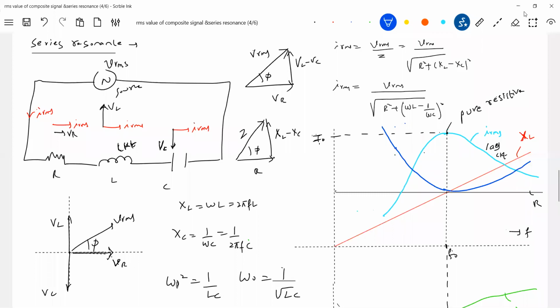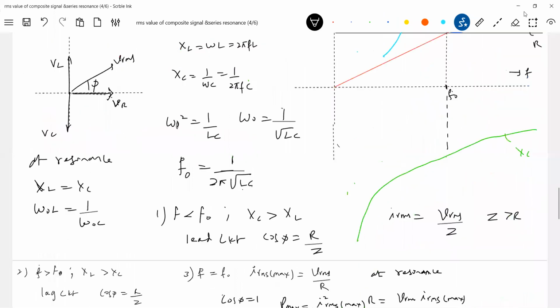R plus X_L, no? So the value will be a little bit somewhere here. So this is mod of Z. Why mod of Z? Impedance is the square root of R squared plus (X_L minus X_C) whole squared, but still it's the practice to write mod of that.